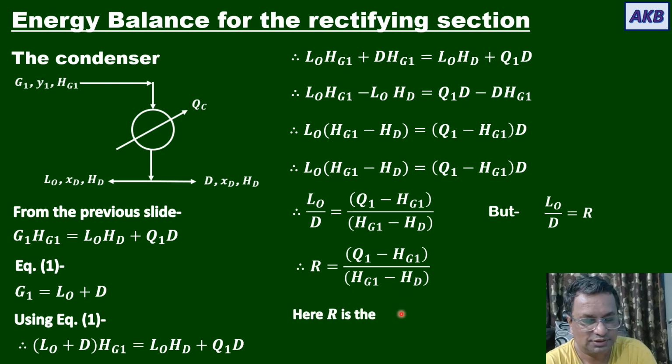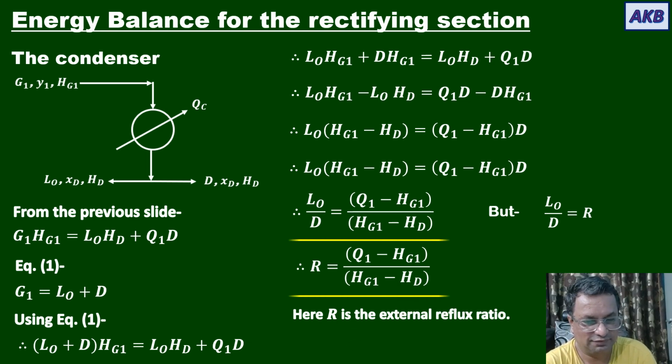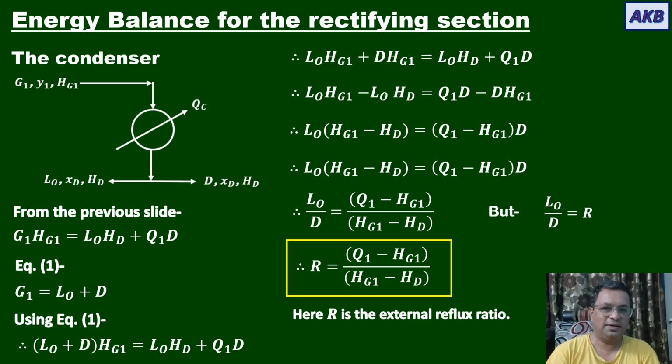Okay. So that equation is important. Of course R in this case is the external reflux ratio. I hope now my objective is clear to you. We have now got the equation for the external reflux ratio.